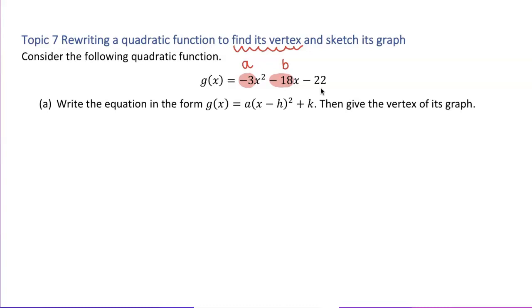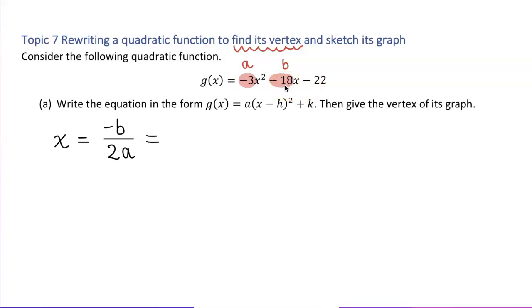So take a look. If you want to find the vertex, let's start by finding its x-coordinate. So here's the vertex formula. Write x equals negative b over 2a. When b is negative 18, negative b is negative 18.